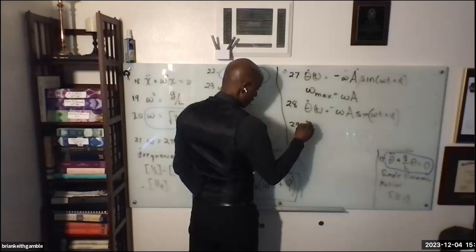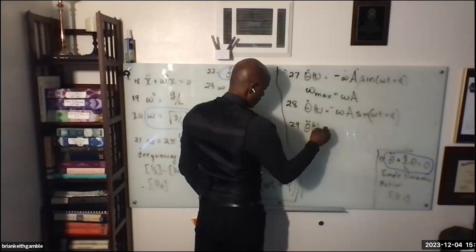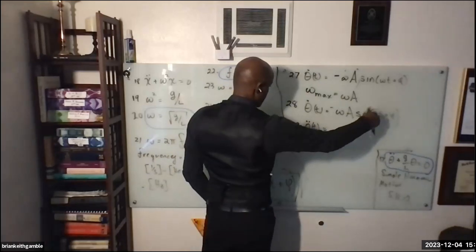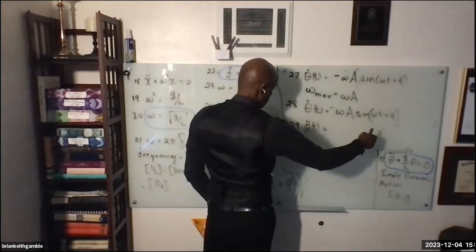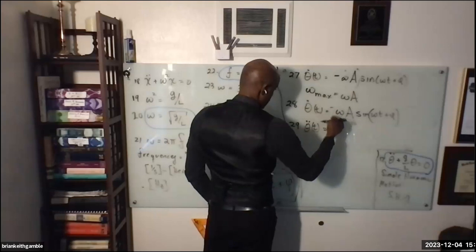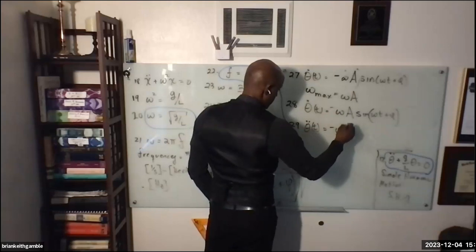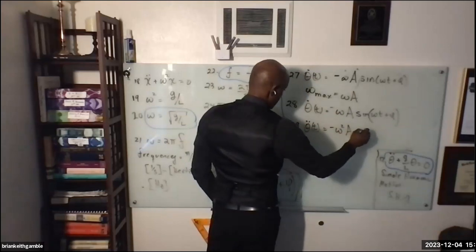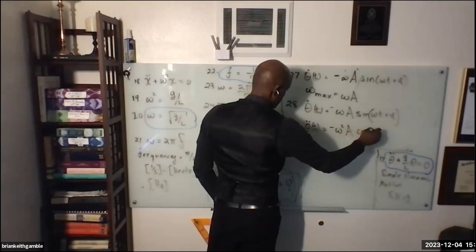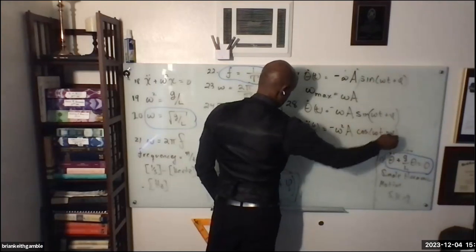Taking the double derivative, inside it kicks out another omega again, then sine goes to cosine. You have minus, the minus sign is still there, omega squared a times cosine of omega t plus phi.